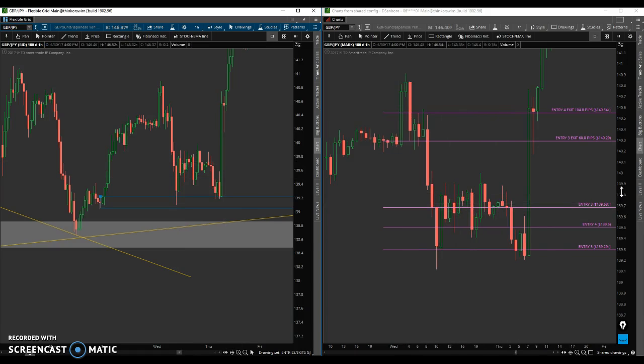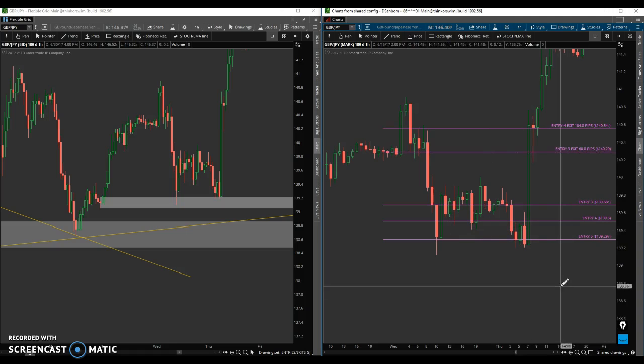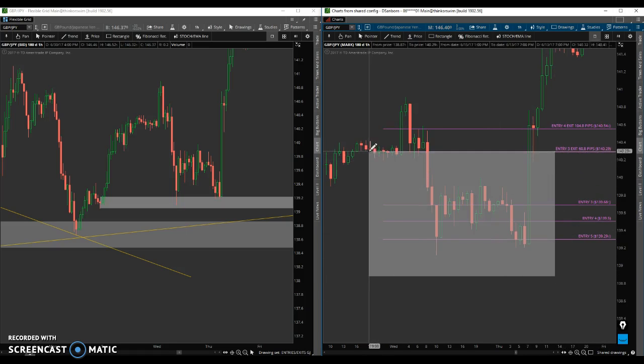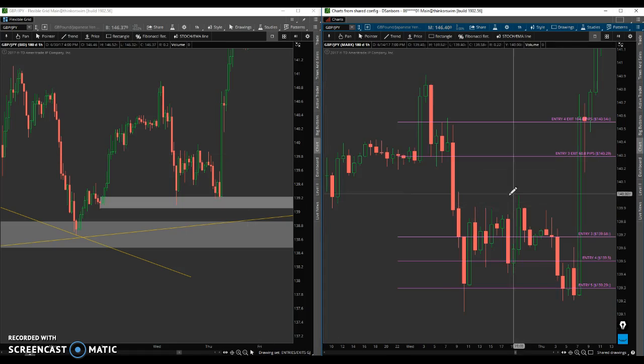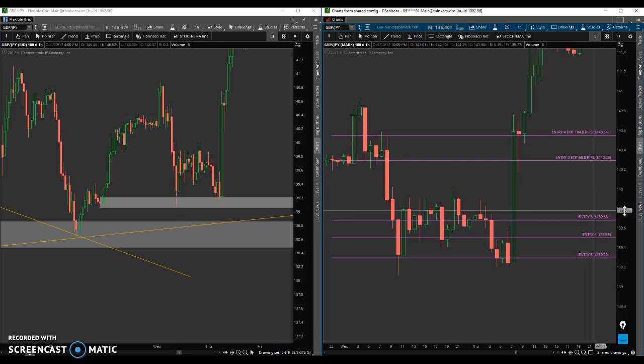I have a couple different reasons for that, but I won't go into my specific entry techniques here. But that was my first entry there. This entry number 3 was my first entry on this second wave of entries for this trade. That pretty much didn't go anywhere.